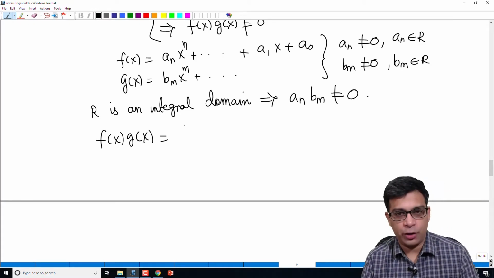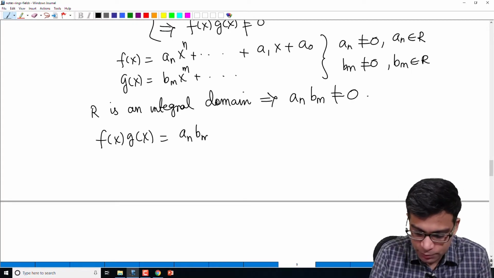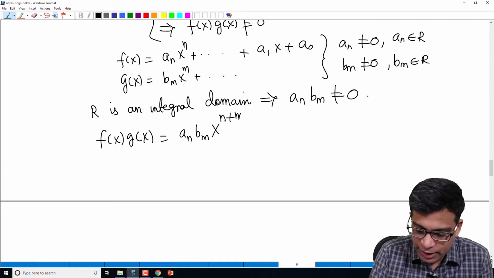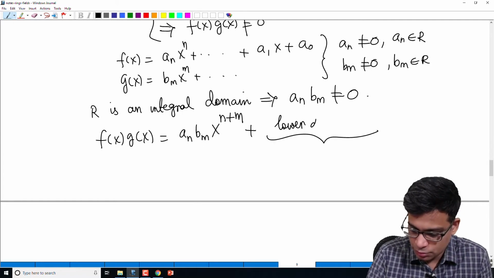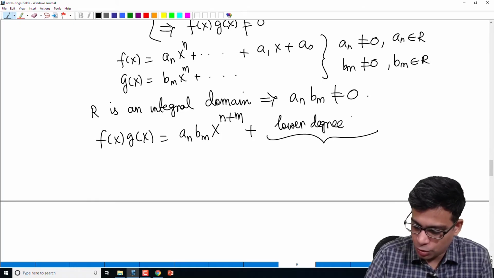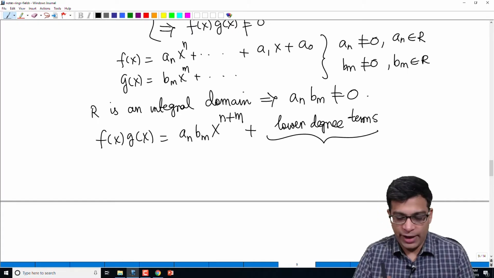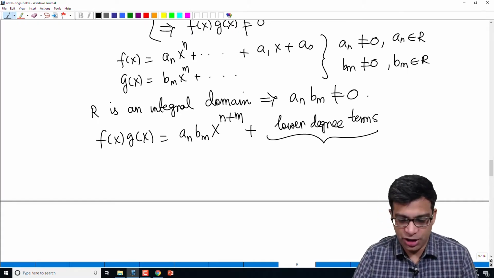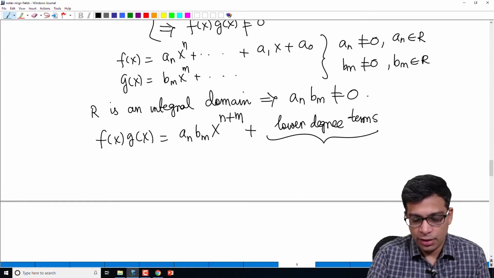You will have to multiply two polynomials, so there will be lots of terms, but there will be exactly one term with degree n plus m. The rest are lower degree terms, which I don't care about. The largest power of x that you can find in the product of f and g is n plus m, the contribution coming from a_n x^n and b_m x^m.